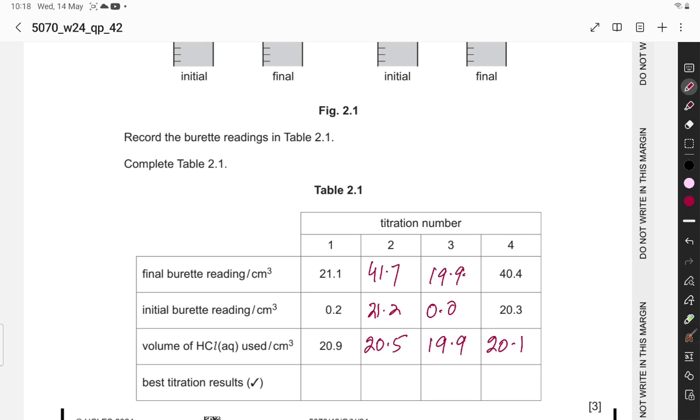So the best titrations are 19.9 and 20.1.